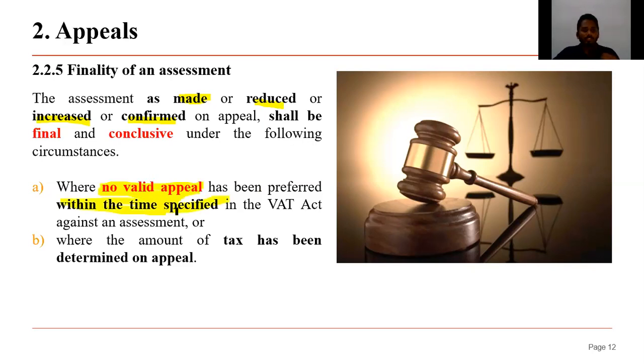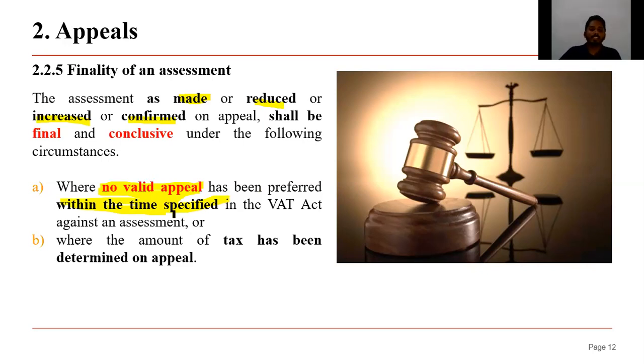If you didn't appeal, or there is no valid appeal within the specified time period, then the assessment will be final and conclusive. We have to anyway pay the balance 100 million also.